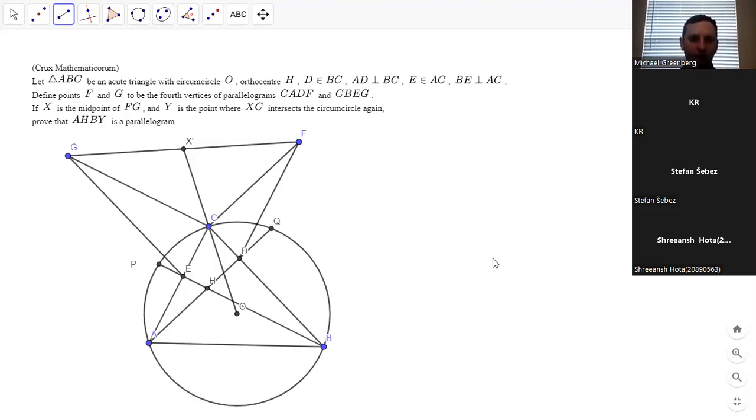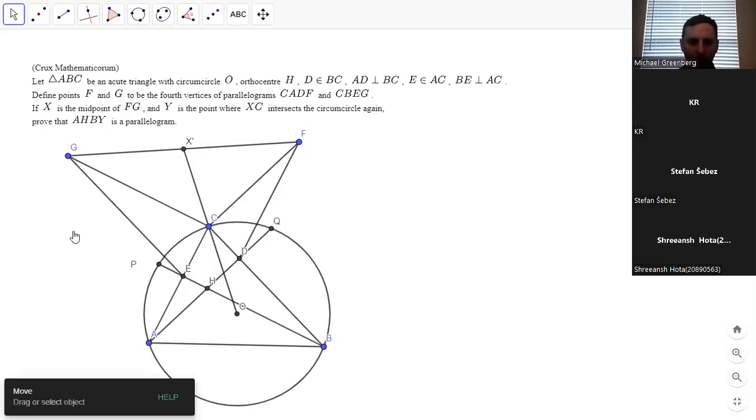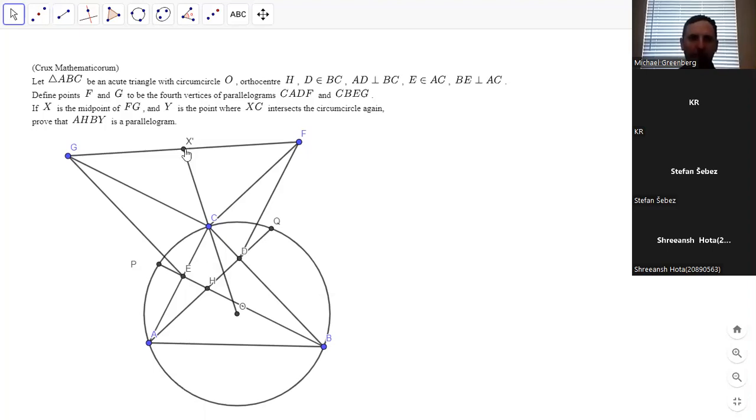That is a well-known thing when you have the midpoint and trigonometry. We want to show that X prime is the midpoint of FG, and that is the same as saying that GC over sine GCX prime is CF over sine FCX prime.